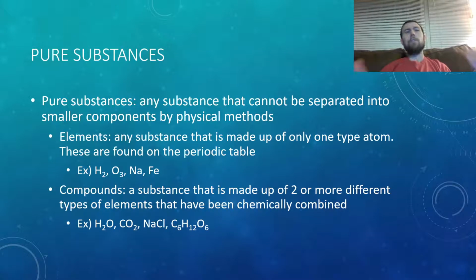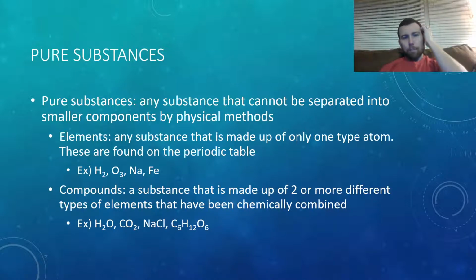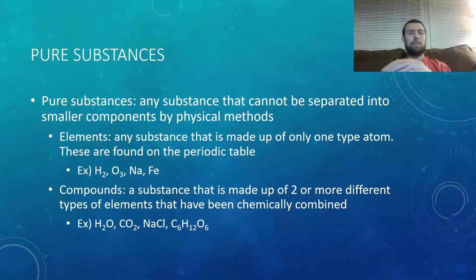When we start talking about matter, elements and compounds, at the smallest level, everything is made up of atoms. It's the smallest particle that makes up that substance that still has the same properties of that individual substance. Your elements are these things that are found directly on the periodic table.